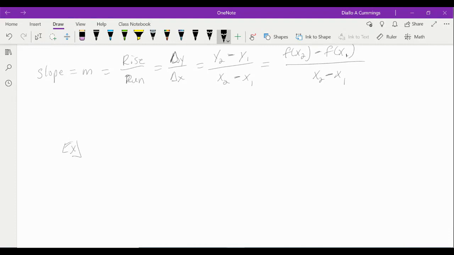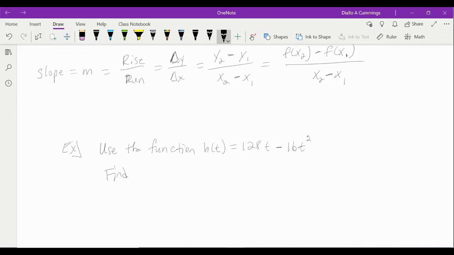So in this example, we're asked to use the function h of t is equal to 128t minus 16t squared.